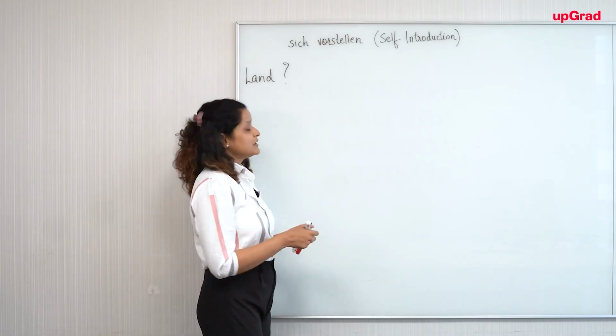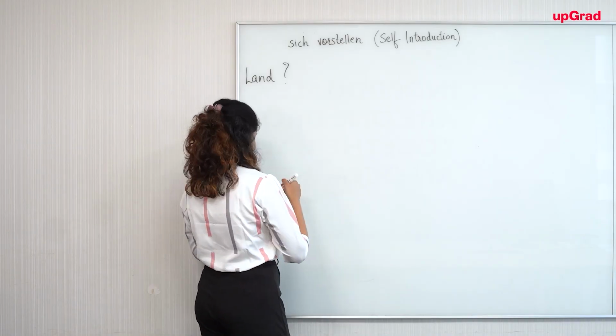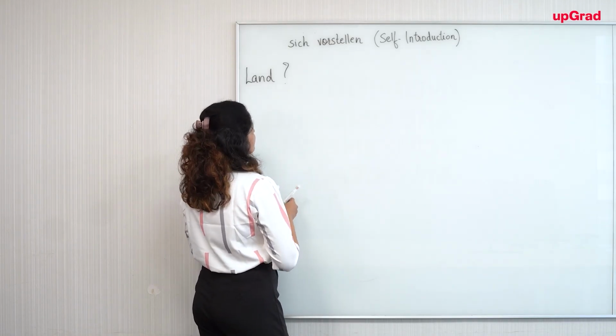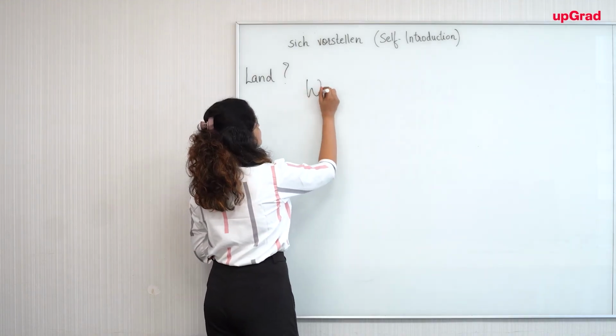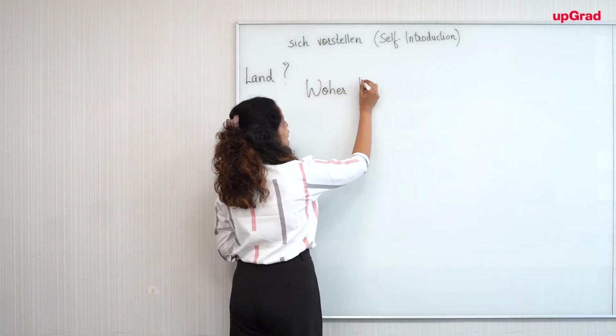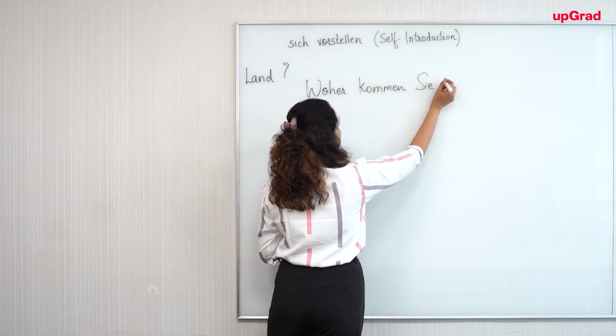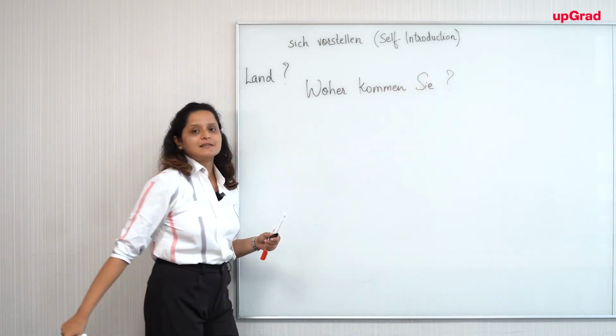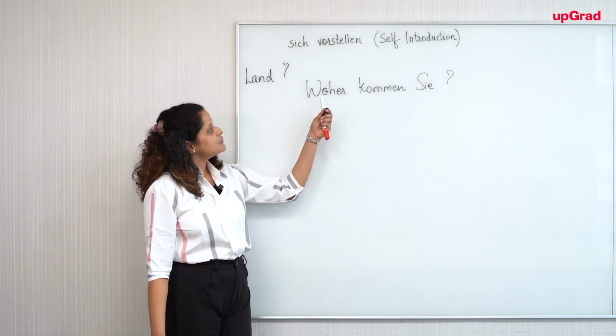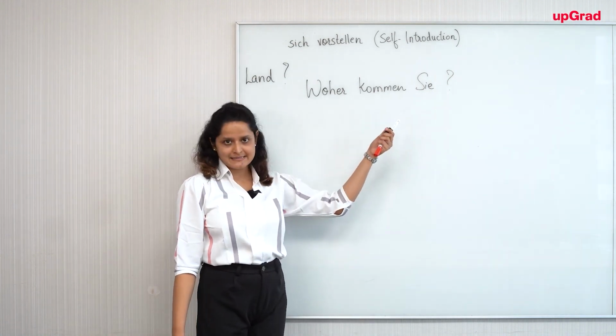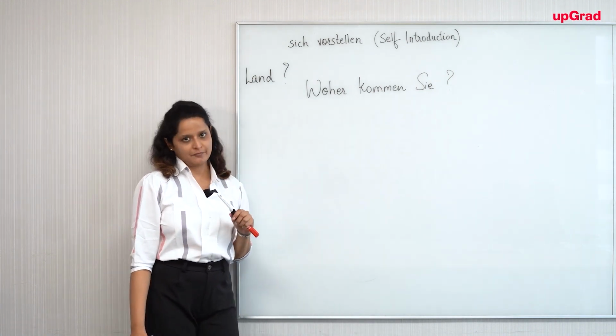The question that we have here is woher kommen Sie? If you see, the verb that we are using here is kommen, which we have previously seen. That is, kommen is to come. So you are asking here woher kommen Sie, as in where do you come from?